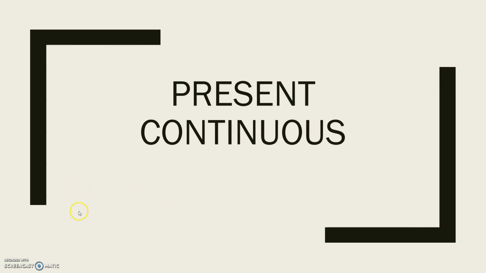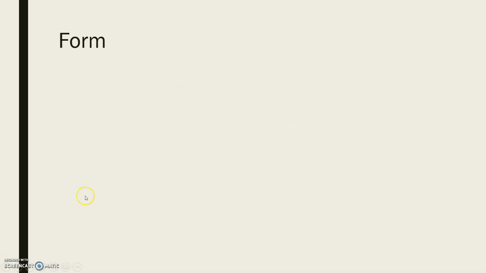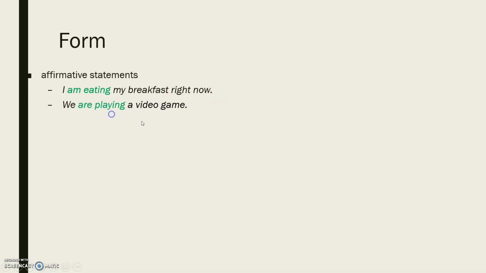So what's the present continuous exactly? Let's first have a look at the form. How do you form, or how do you make a present continuous? First, let's have a look at a number of affirmative or positive statements. For instance, I am eating my breakfast right now, or we are playing a video game.